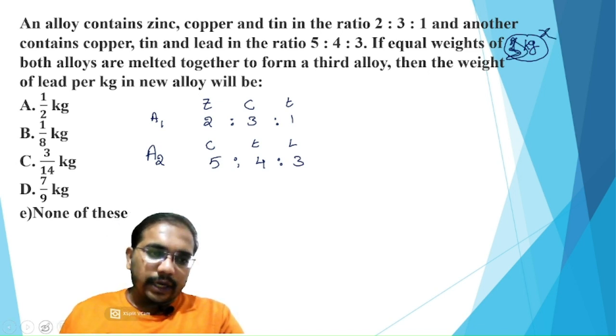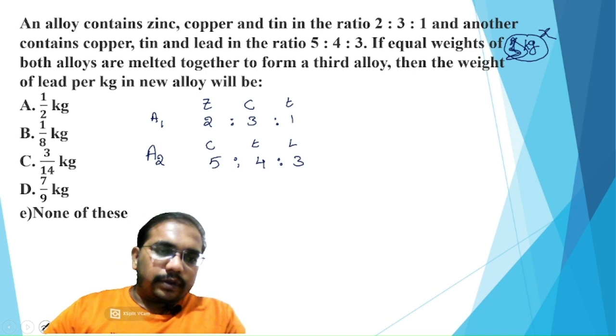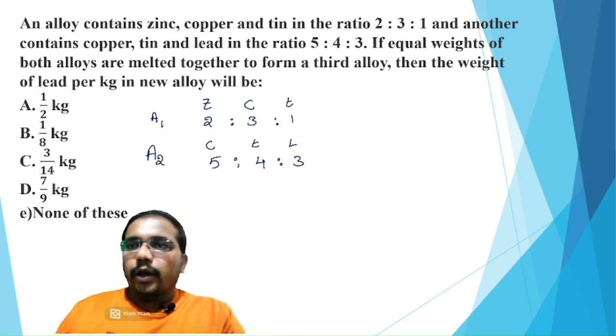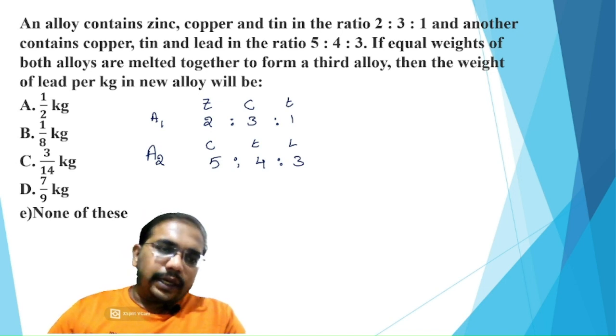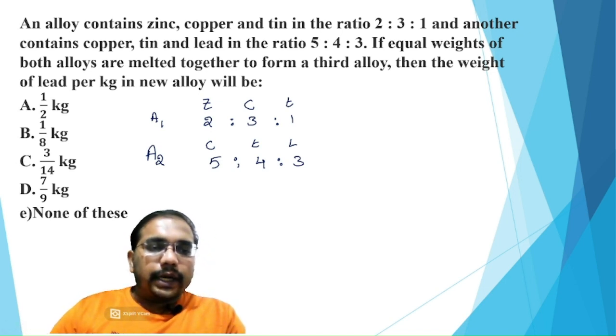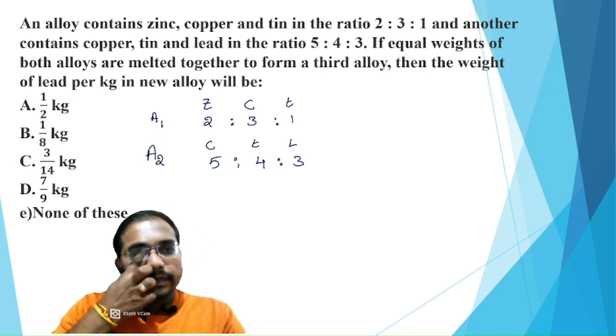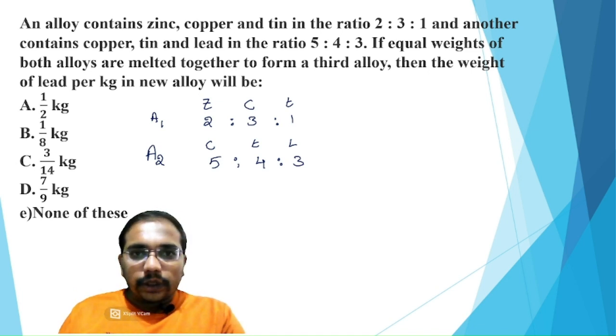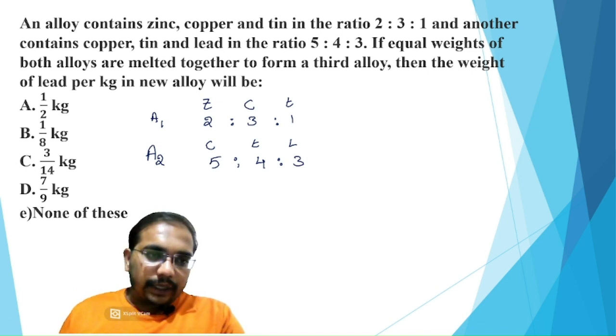Okay, it is fine whether they give the quantity or not. If equal quantity is mixed together, here zinc, copper and tin is 2, 3, 1, here 5, 4, 3.